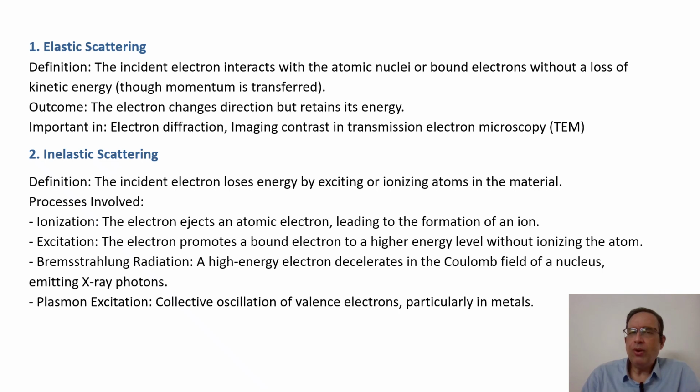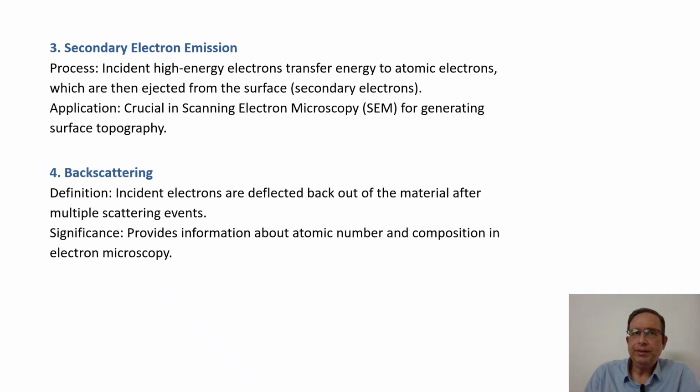And then there are plasmon excitations, in which the lattice structure absorbs the energy and a collective oscillation of the valence electrons occurs. This is particularly seen in metals, in which a collective oscillation of all the valence electrons present inside the metal starts taking place. That is called plasmon excitation. So these are the different types of inelastic scattering that are possible.